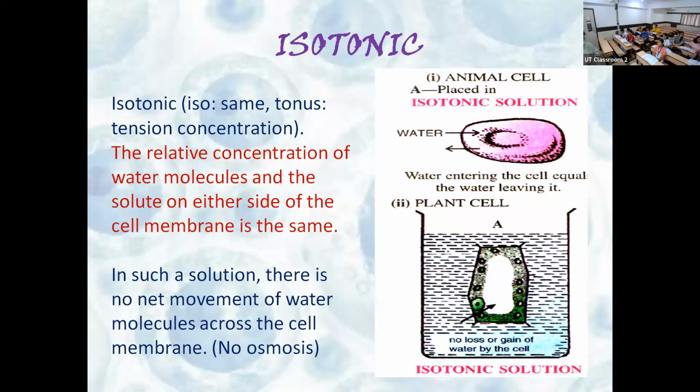अब 10th में या हायर लेवल पे what they are interested is this. If I place a cell in a hypertonic solution, तो क्या होगा? If I place a cell in a hypotonic solution, तो क्या होगा? तो simple way to remember.